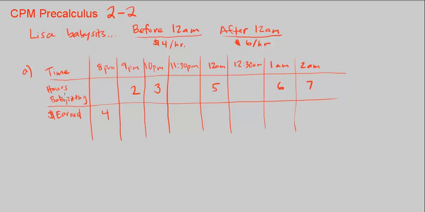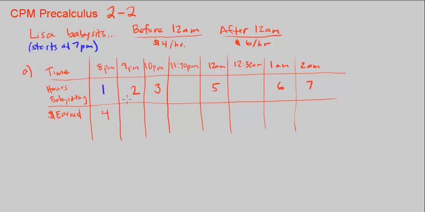So for hours babysitting, we're given at 9 o'clock she's worked 2 hours, at 10 o'clock already 3 hours, and a few other times. Money earned: she starts at 7 p.m., so the first hour she gets $4. How many hours has she babysat? 1.